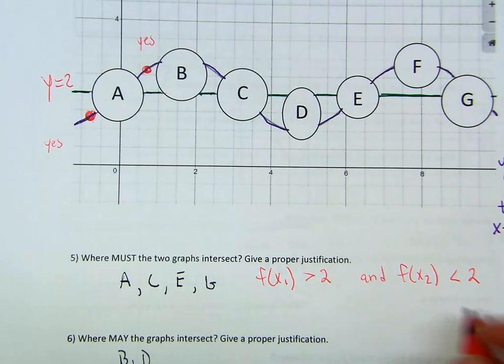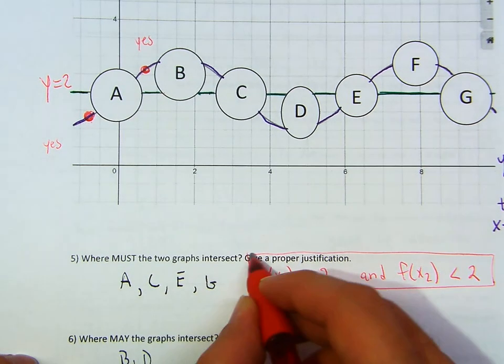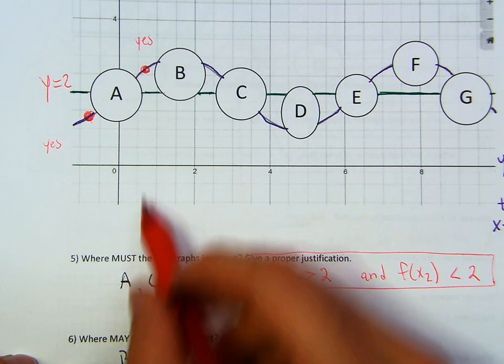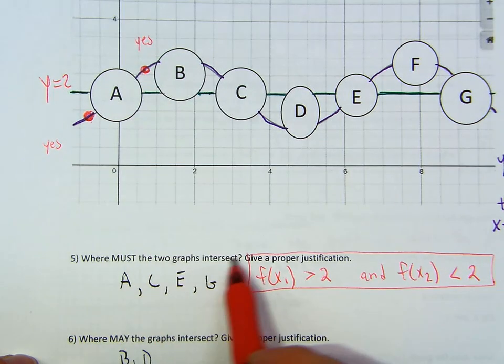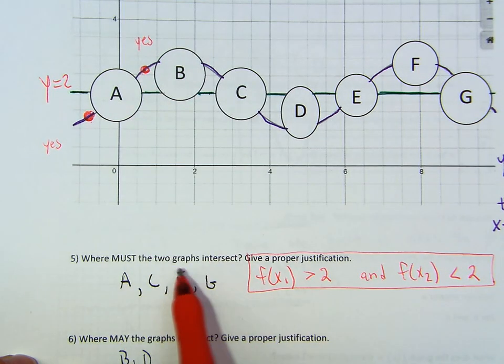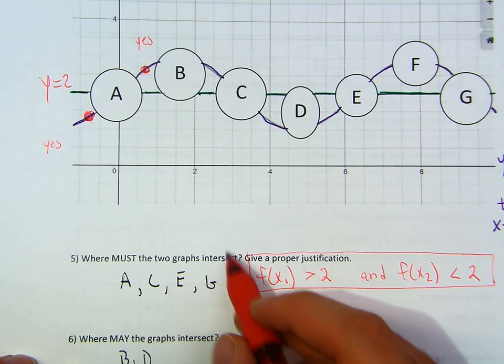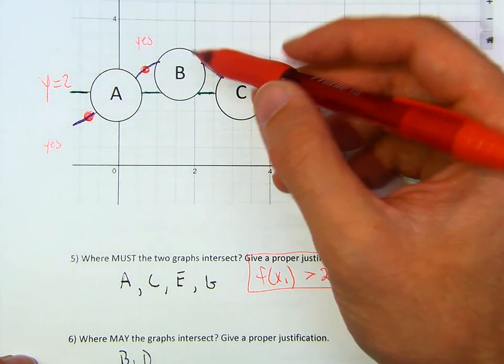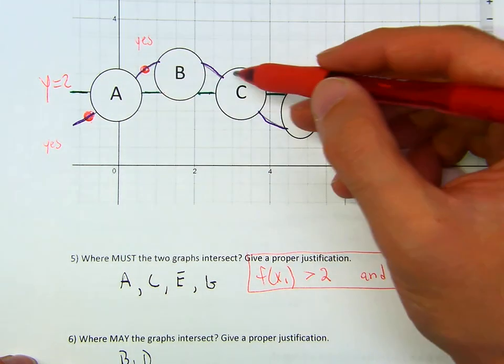Then for anything within this region, there must be an intersection between these points, okay? And that happens here as well.